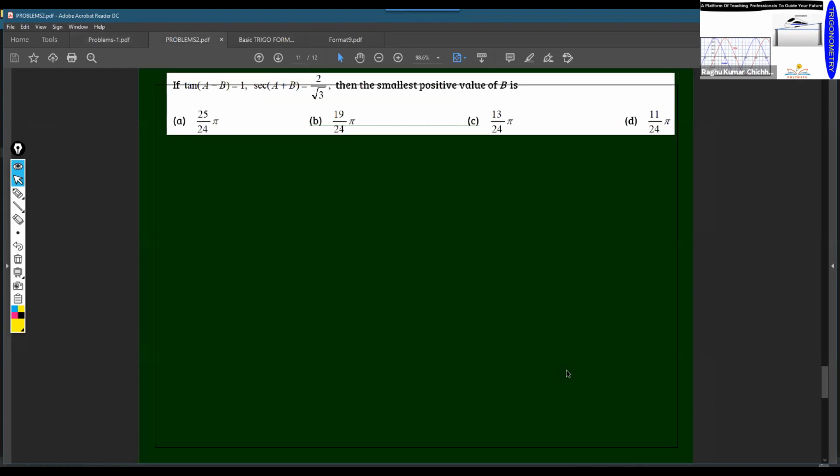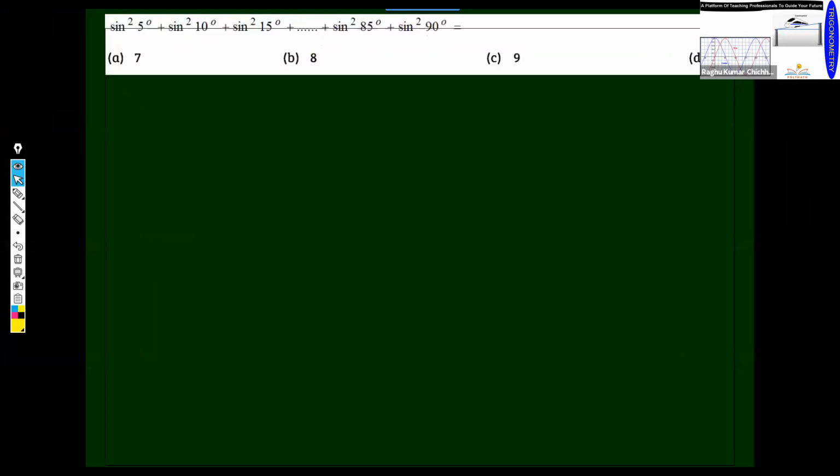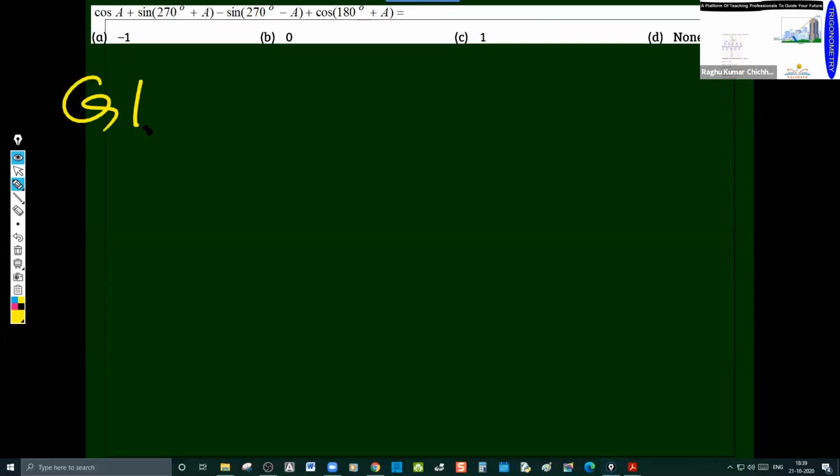Okay, now let us move on to the questions here. This is simple. Let me understand from you. I will write here the given expression, GE, is equal to, come on, tell me. Write cos A as it is.